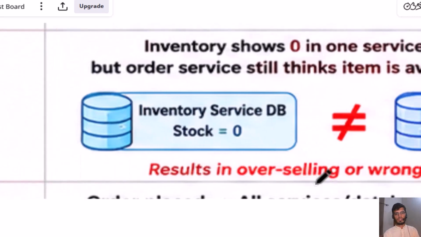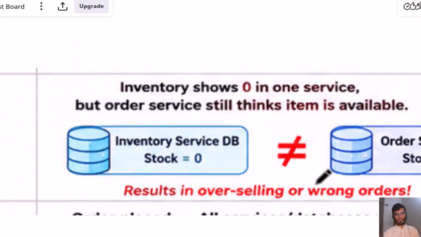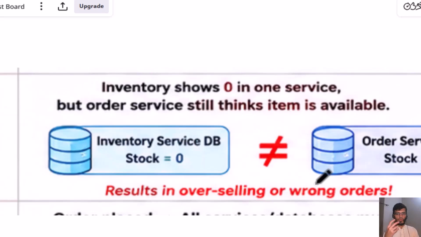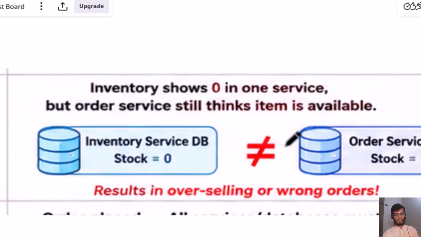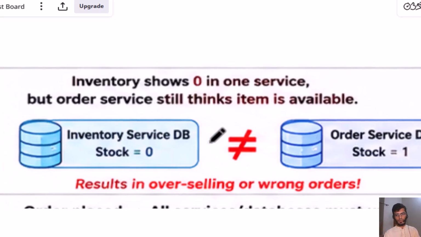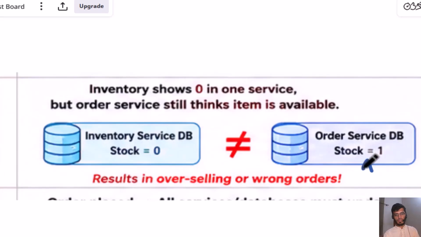In a software world example, inventory is showing zero, no product is present, but the order service is showing the stock. So what happens is that the order will be created, but the inventory service will say that I cannot update the stock because I have zero stock.